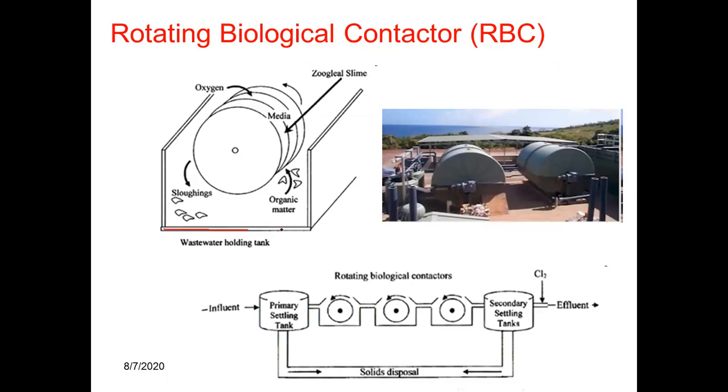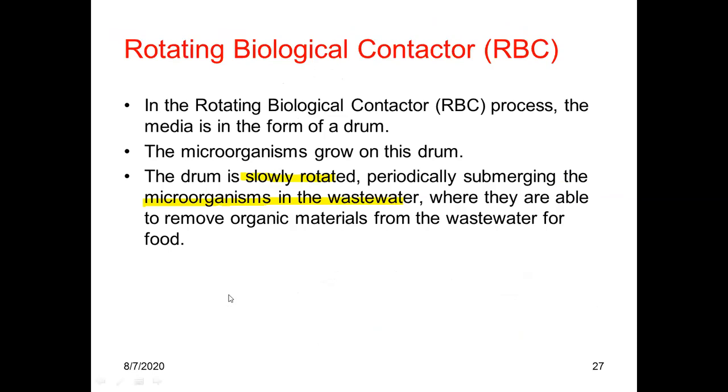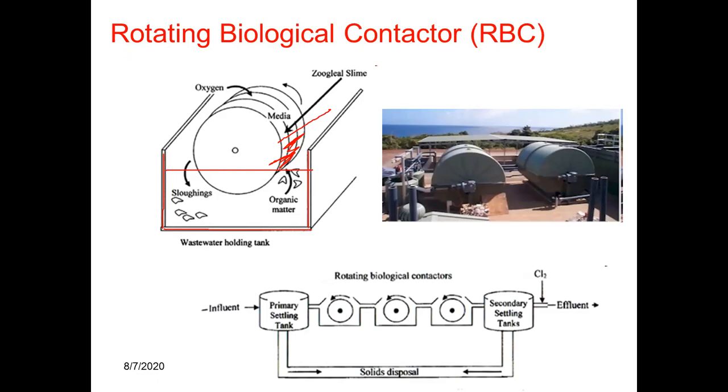It is not full of water. It is filled with half water. That means this part is wetted with water. That's why it is called a drum slowly rotated, periodically submerging the microorganisms. So part of the drum is submerged.